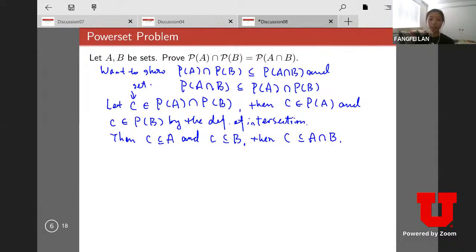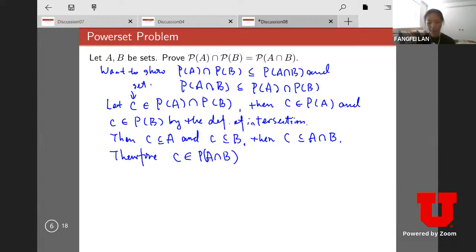So if C is a subset of A intersect B, what is the relationship between C and the power set of A intersect B? What do I write in the middle here? Yes, I see an answer in the chat. It must be in the power set. Yes, that is correct.